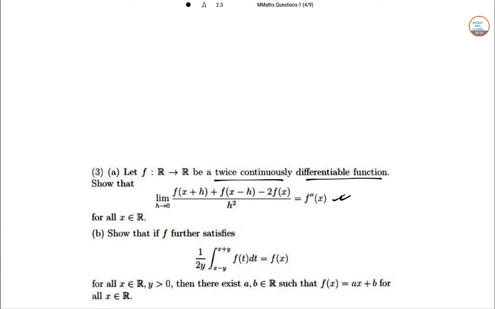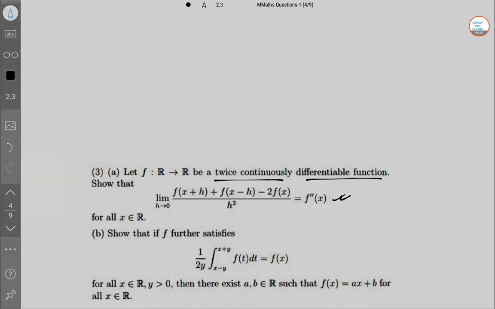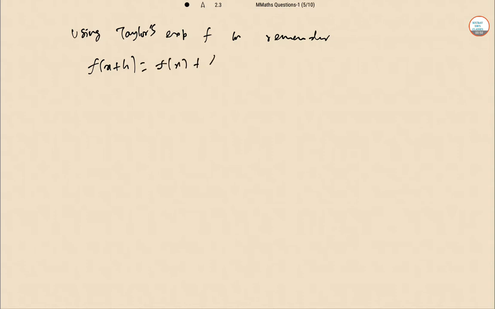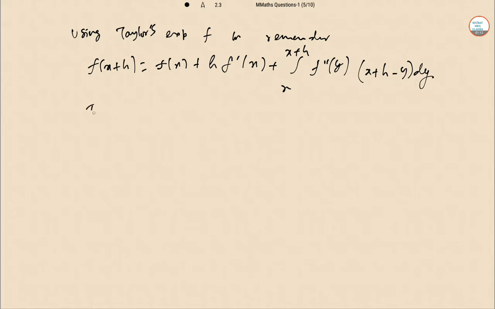We need to use Taylor's expansion for this. Using Taylor's expansion of f with the remainder in the integral form, we know that f(x+h) is f(x) plus h f'(x) plus the integral from x to x+h of f''(y)(x+h-y) dy.